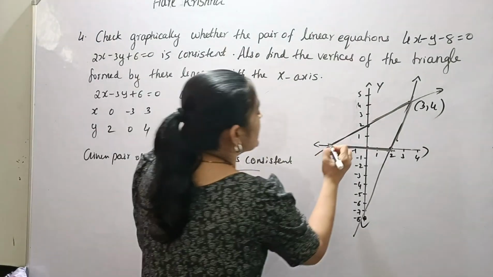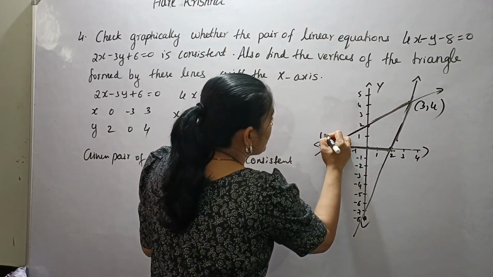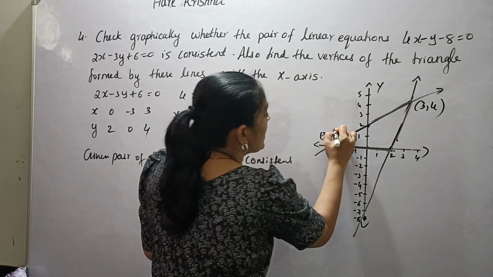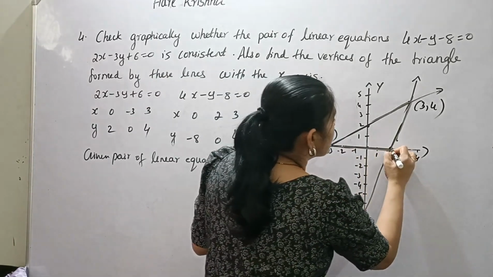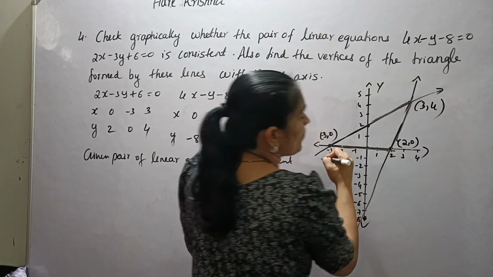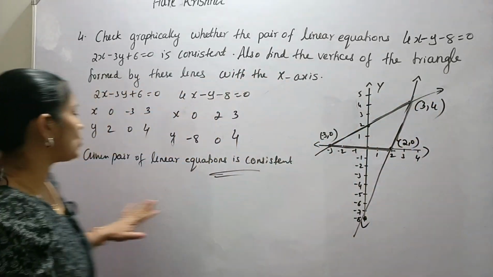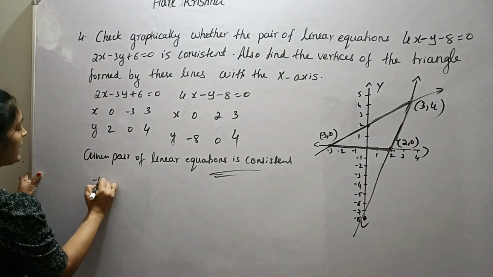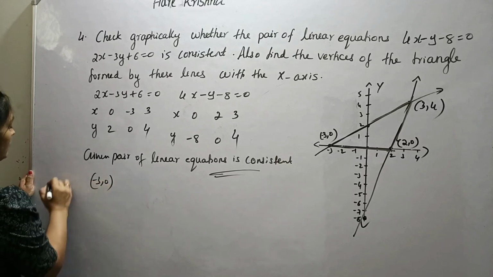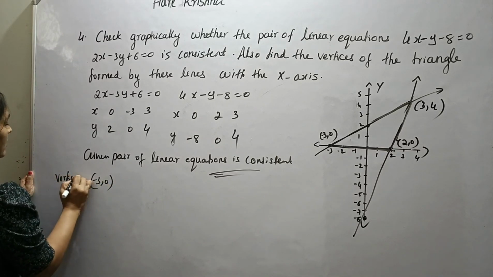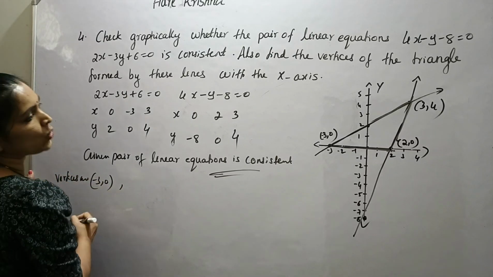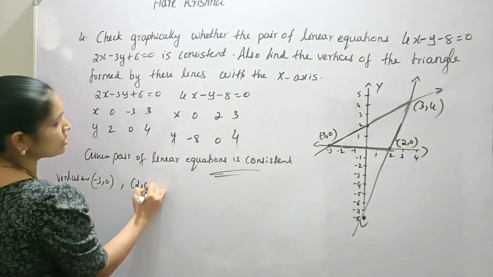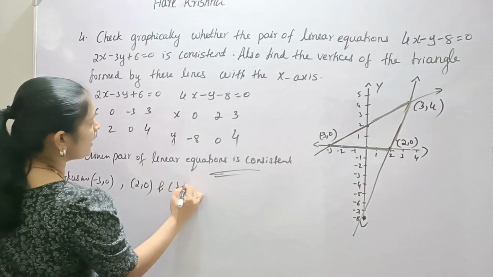So what are the vertices? This vertex is nothing but -3, 0, and this vertex is 2, 0, and it is 3, 4. So the vertices are -3, 0, 2, 0, and 3, 4.